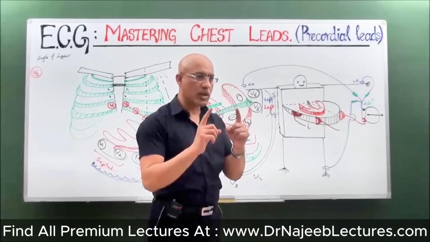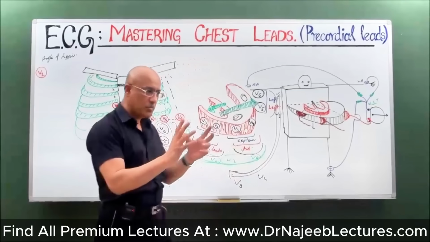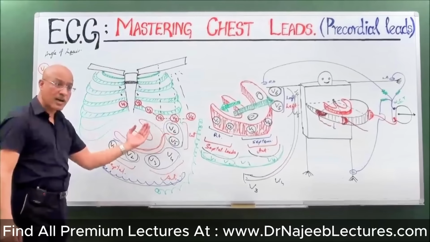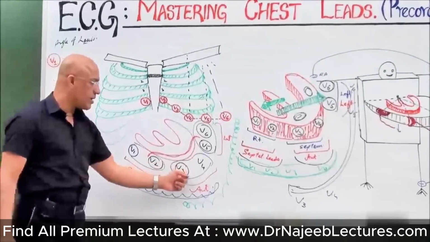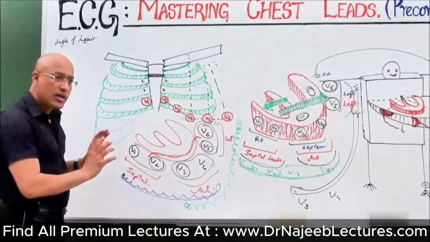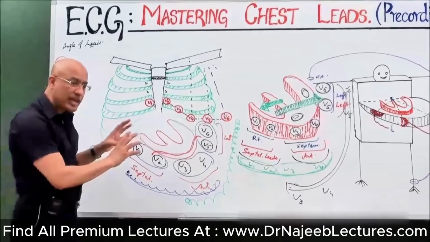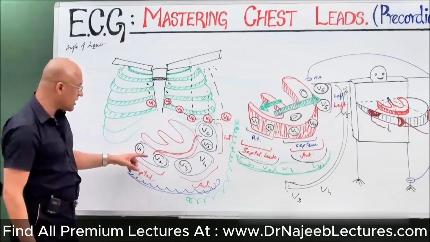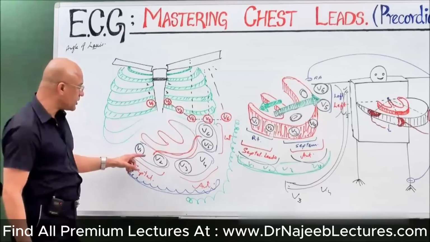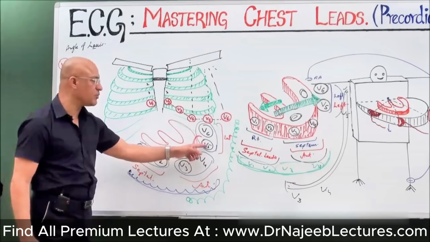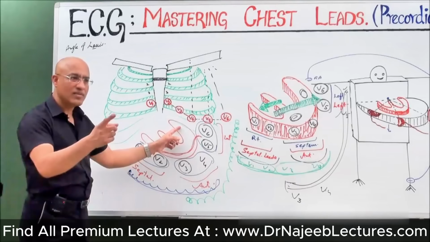What I really wanted to put in your mind is that there are two ways to classify chest leads. Number one, how they are oriented over the chest, over the heart. Then there are right leads, anterior leads and left leads. And number two, how they pick up the electrical activity from various parts of the ventricles. Then V1 and V2 are mainly septal, V3 and 4 are anterior, V5 and 6 are lateral.